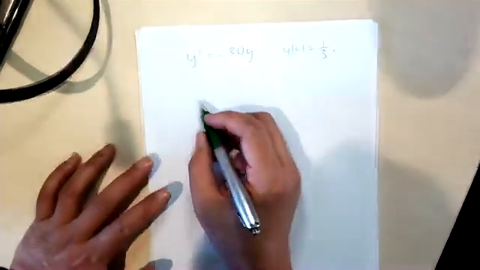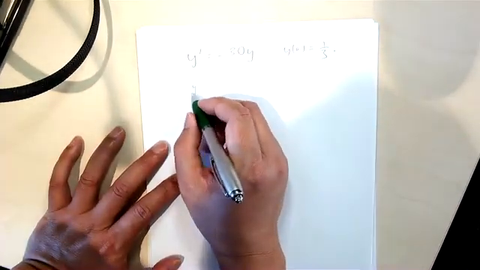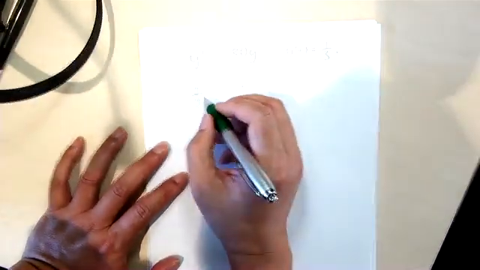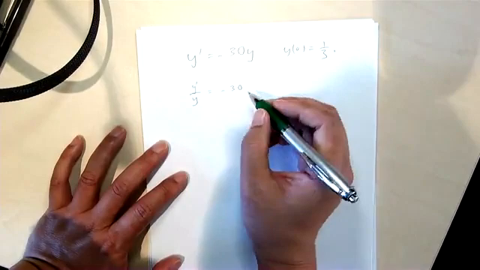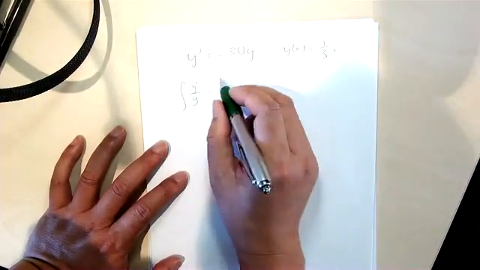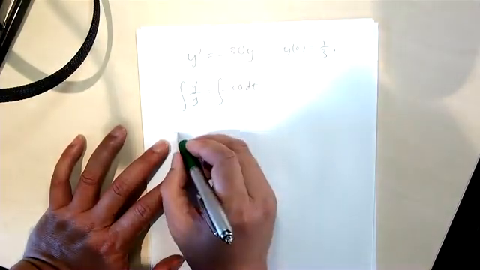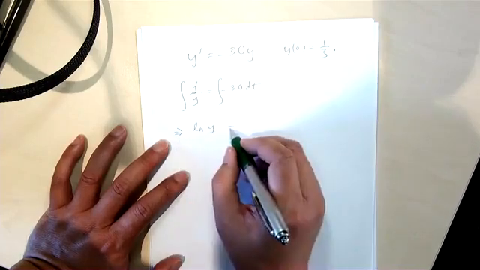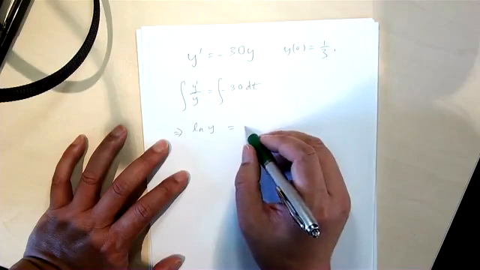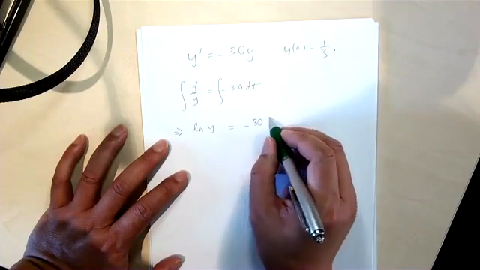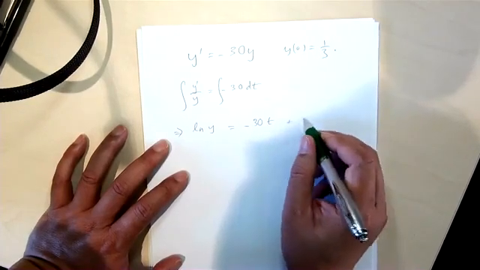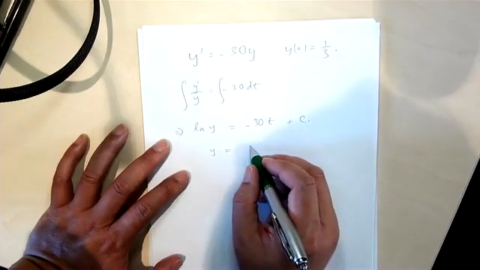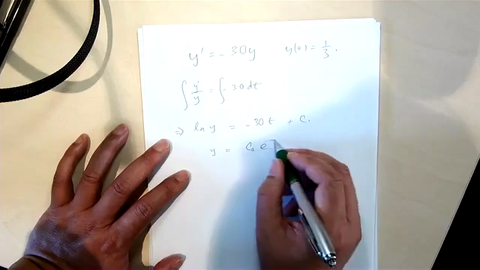If you remember your calculus, then this just says y prime over y equals minus 30, and then you integrate with respect to t. This gives you the logarithm of y equals minus 30t plus some constant, and then y equals a constant c0 times e to the minus 30t.